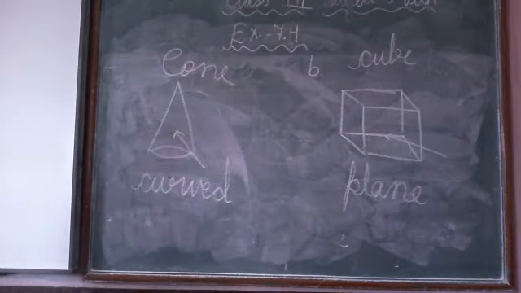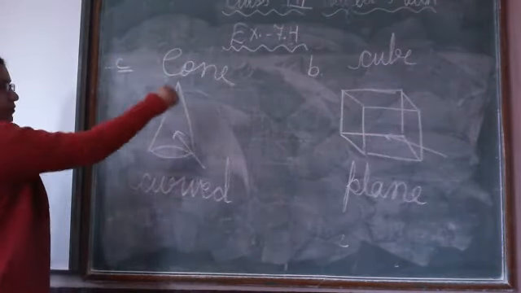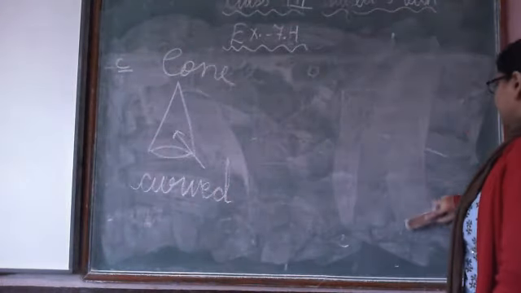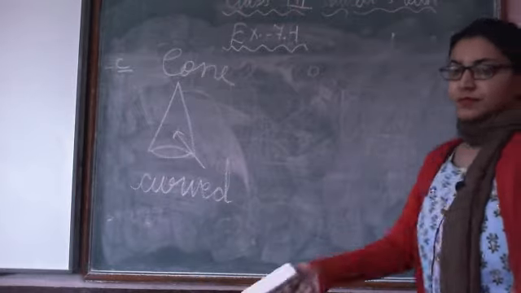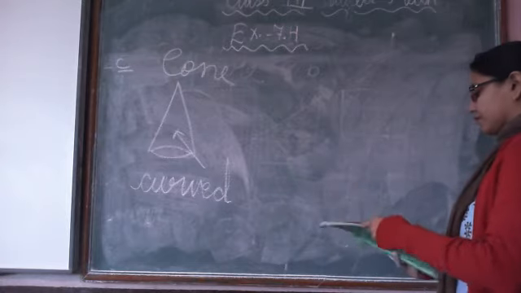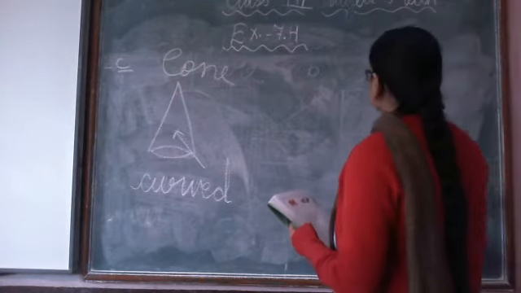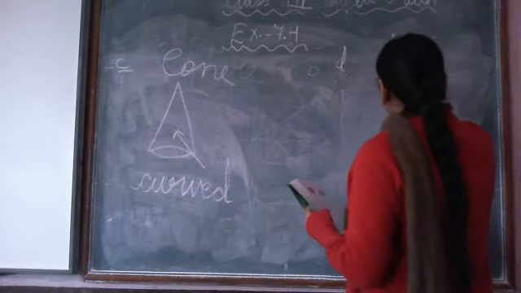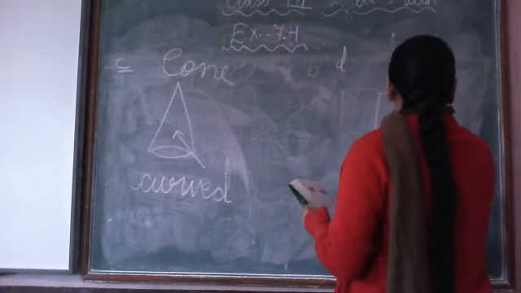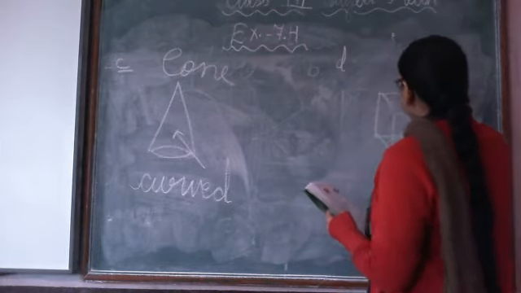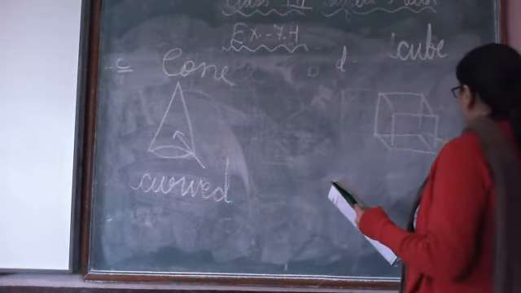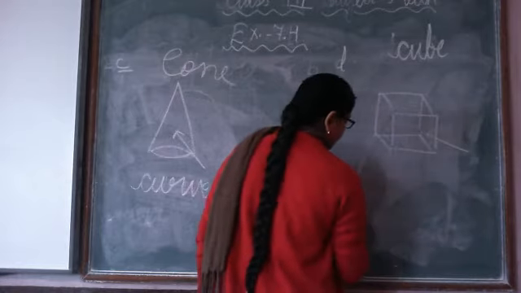Okay students, now the next is B. So let's see. It is a dice, and the dice is in cubical shape, cube. So in the place of name we will write cube, and this surface they have asked. This is a plane surface.